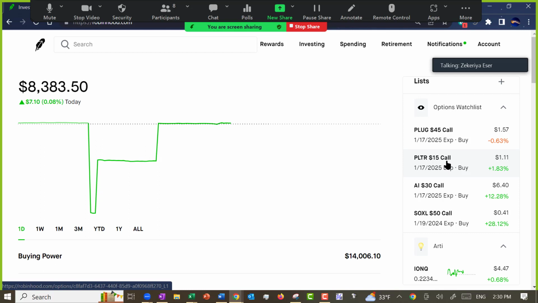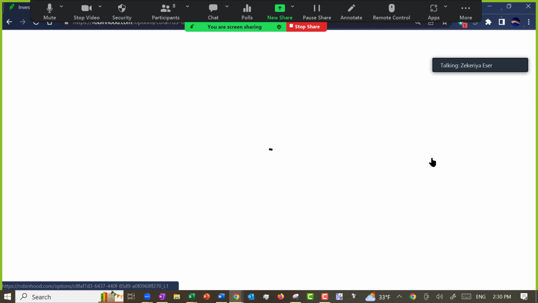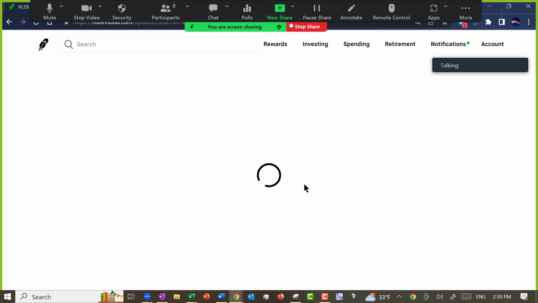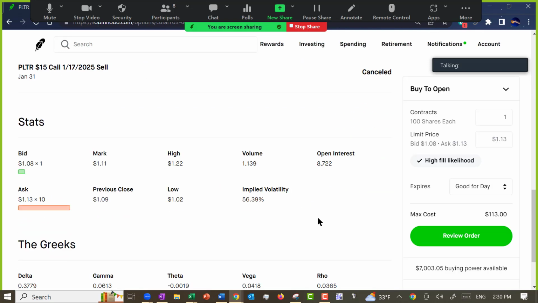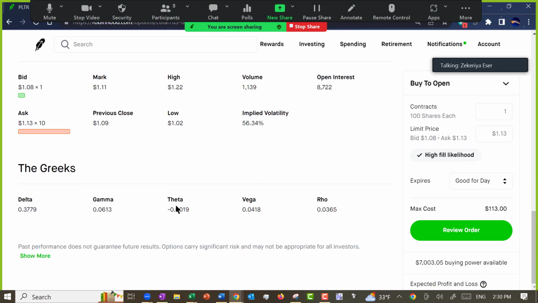And here's Robinhood's estimation of those. Of course, Robinhood numbers are based on an American option, and we don't exactly know what interest rate they're using.